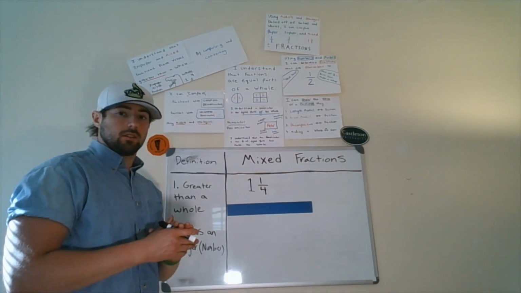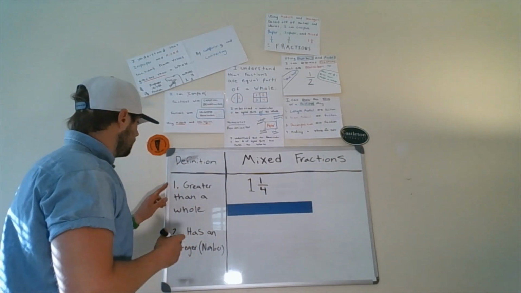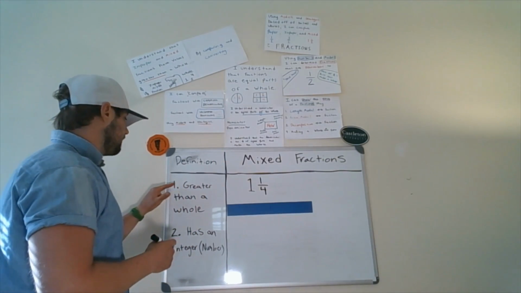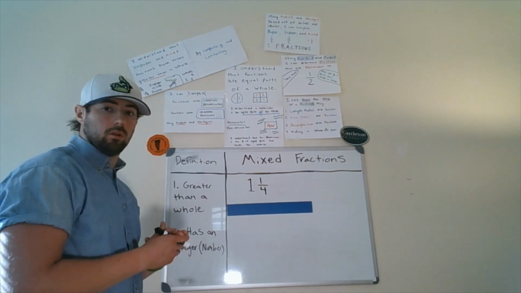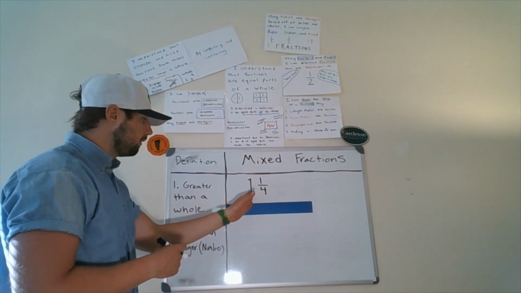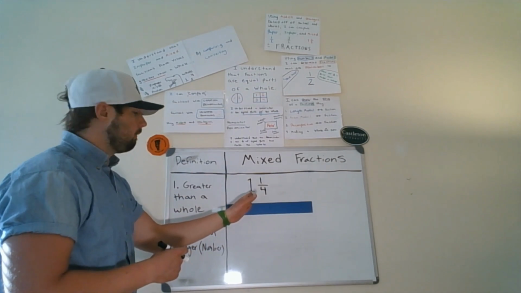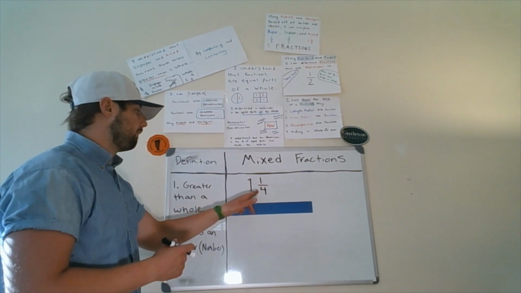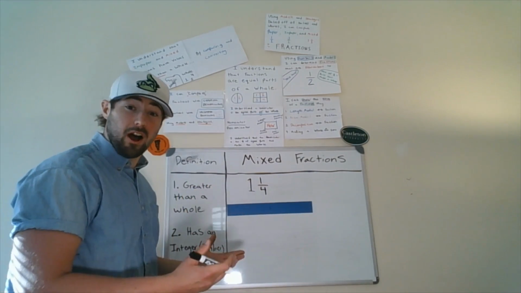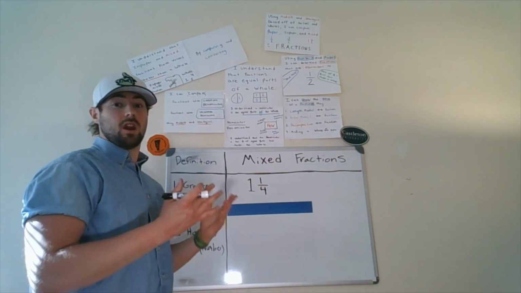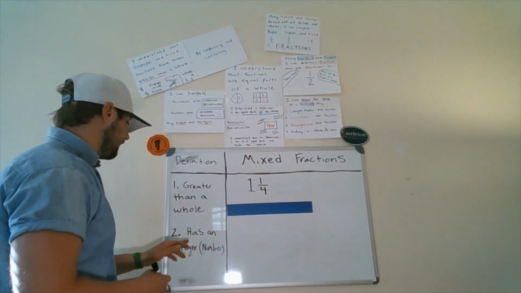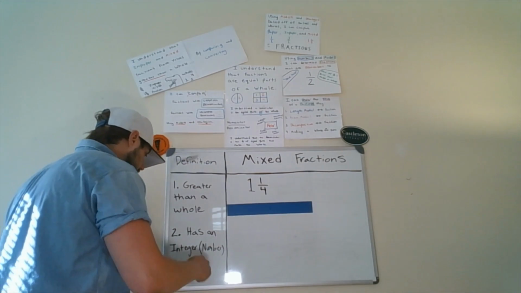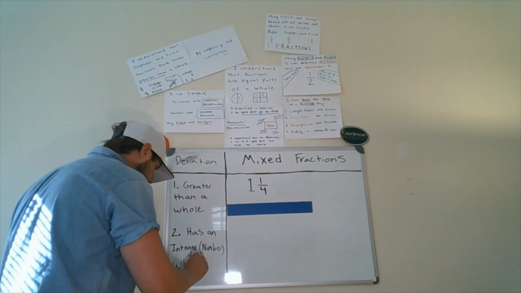Mixed fractions or mixed numbers, firstly, need to be greater than a whole. We have our whole, 1, followed by a proper fraction, 1/4. That is also why it is called a mixed number or a mixed fraction. It has an integer, a number, or a whole.